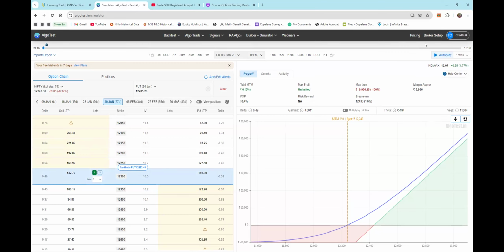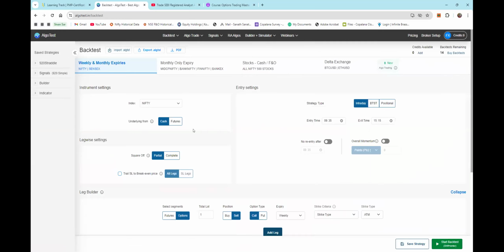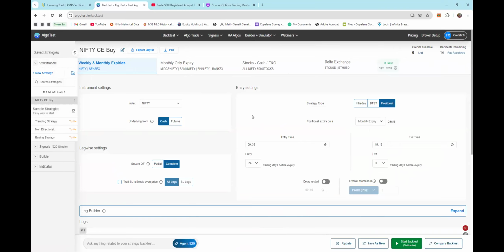Sanath, can you please go back to that first page where you showed the backtesting strategy? Here, below that, 935 entry is written and then 24 is written. There you can see trading days before expiry.